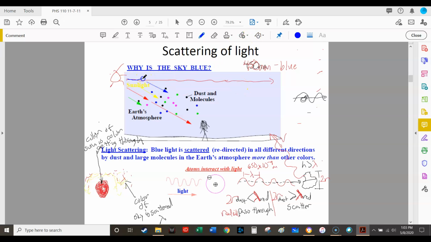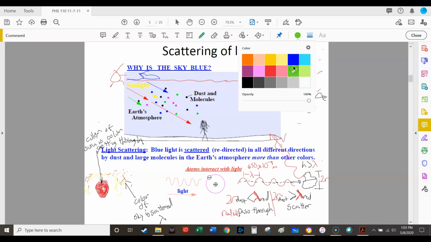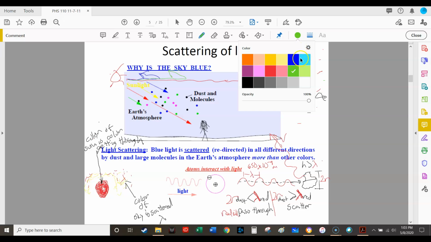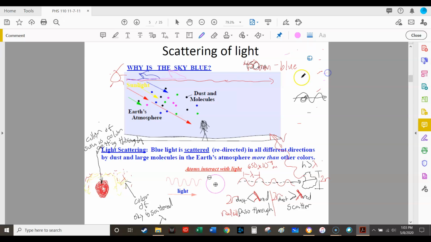So blue will get through a little bit and then get scattered back out, right? Green is going to get through a little bit further and then get scattered back out, right? And then you might get pink, which is close to red, right?